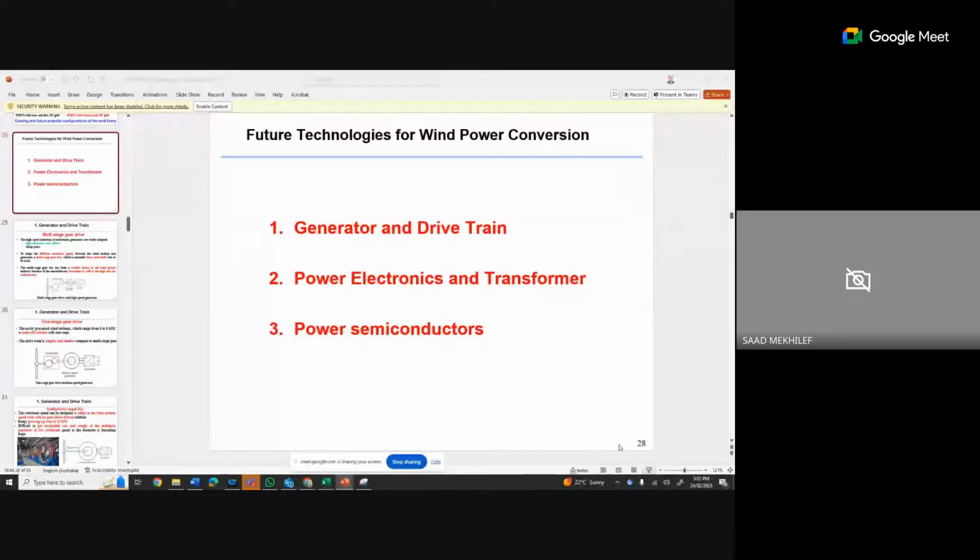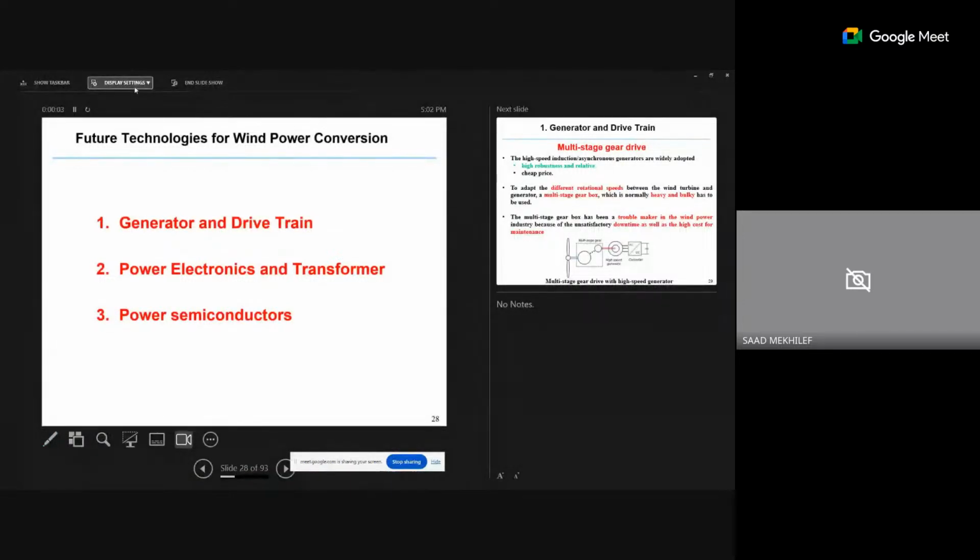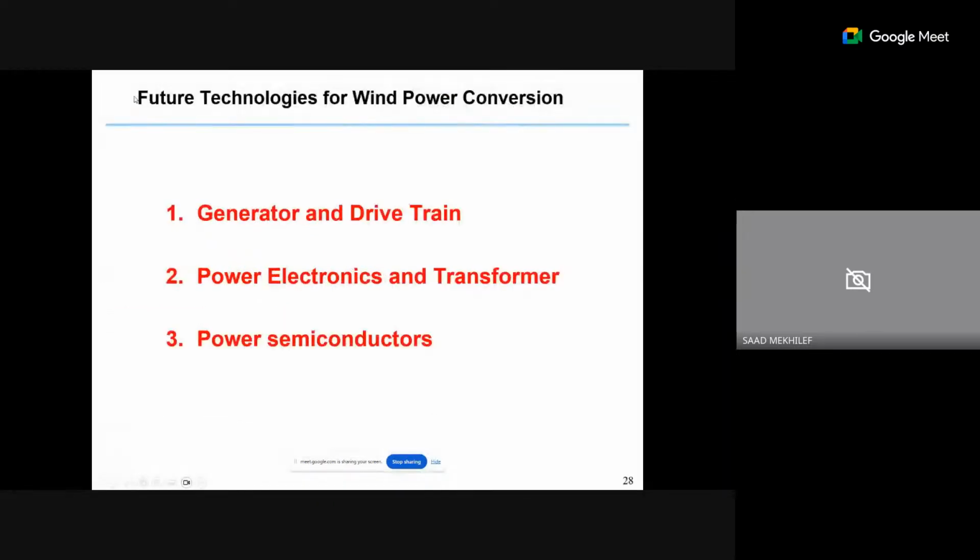Okay, present. Entire screen, screen one. Share. And then come the PowerPoint. Full screen. Display setting. Yep.